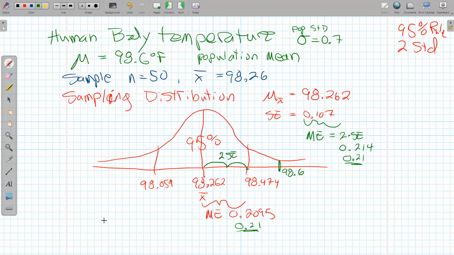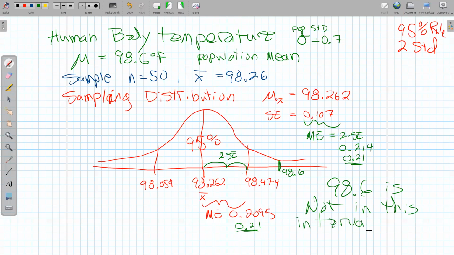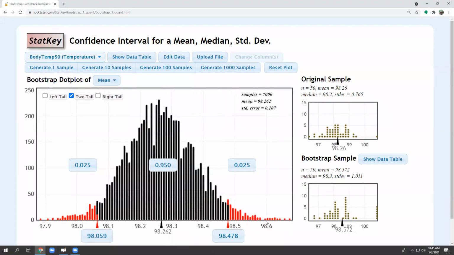So back to this right here. Again, 98.6 is not in this interval. It's outside. If there's 95% in the middle, that gives the tail 2.5% on the right. If you look back at my graph here, it's got a better number line than I have. We can see 98.6 is way out here.